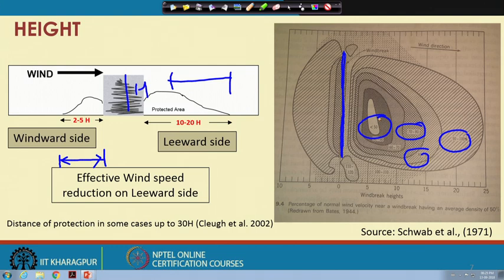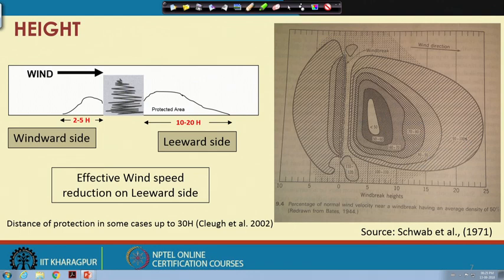So, there is a 50% reduction over this region. Similarly, over this region the wind speed is around 50 to 60% of the normal condition, meaning a 40 to 50% reduction. Here the reduction is 30 to 40%. Similarly, here the reduction is 10 to 20%.